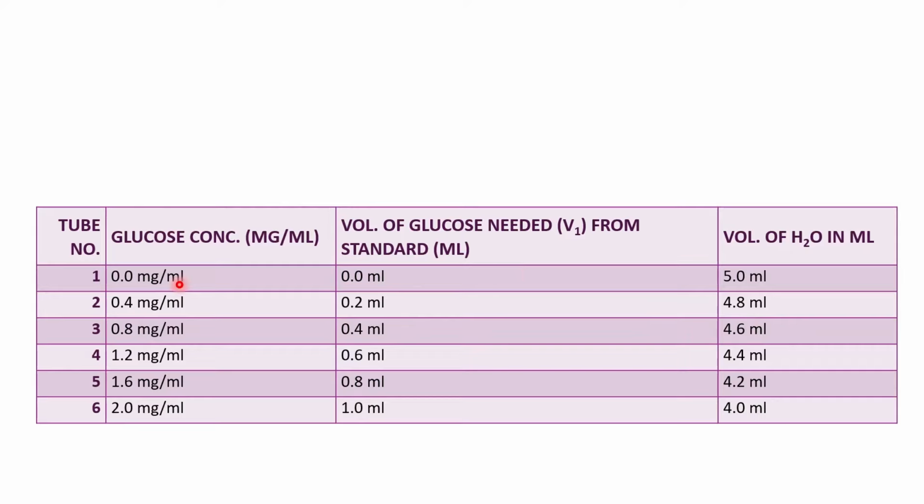To prepare this concentration, we pick 0.6 mls of our glucose standard and add 4.4 mls of distilled water to it. To prepare this concentration, we pick 0.8 mls of our glucose standard and add 4.2 mls of distilled water to it. And finally, to prepare this concentration, we pick 1 ml of our glucose standard and add 4 mls of distilled water to it.